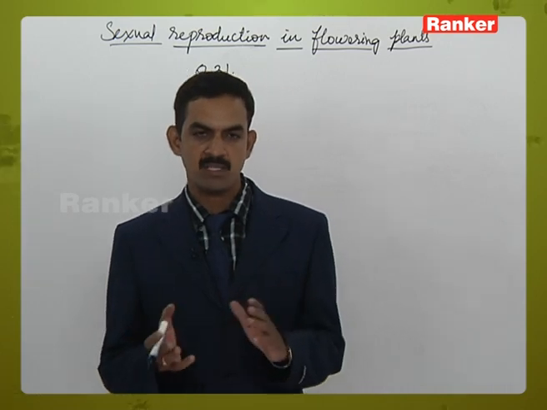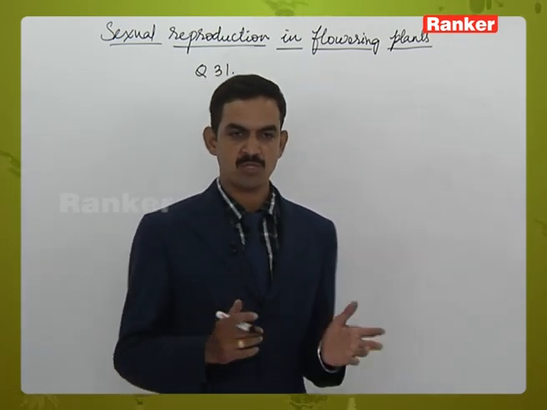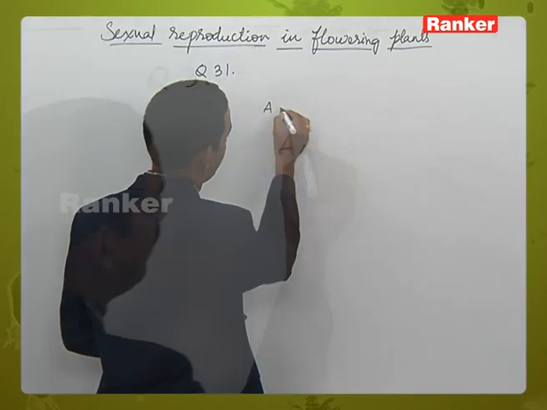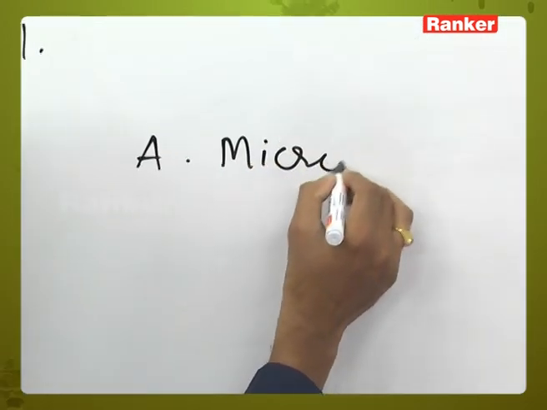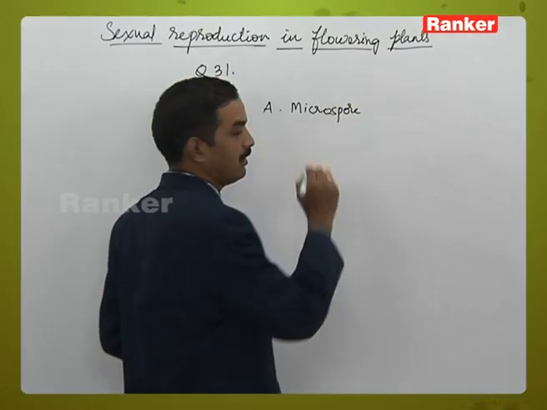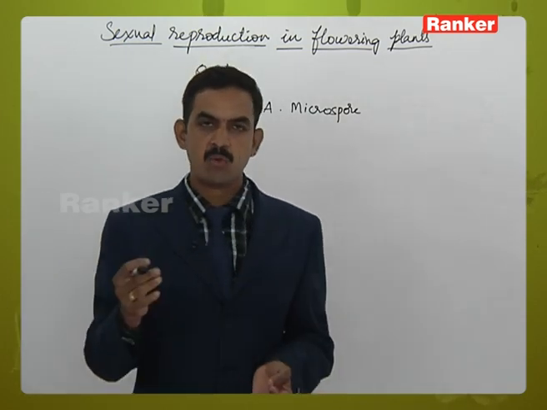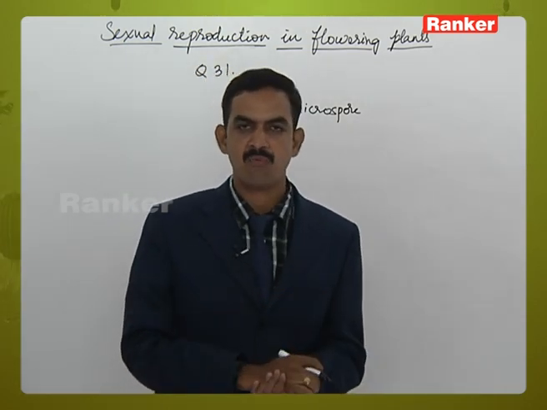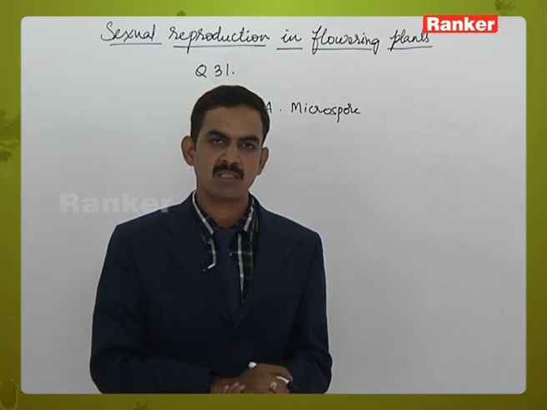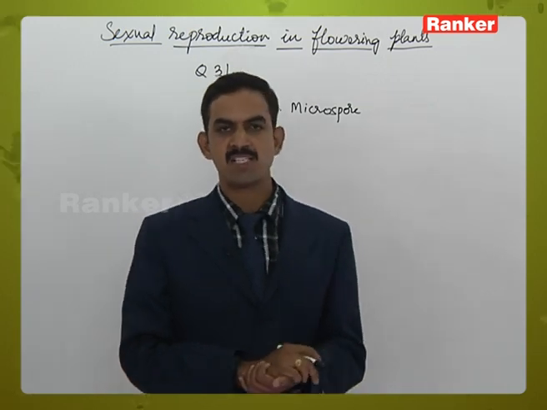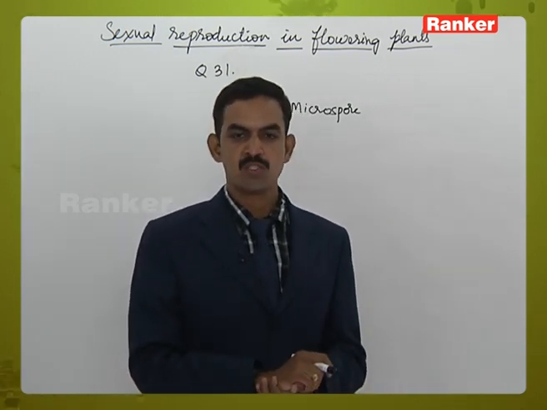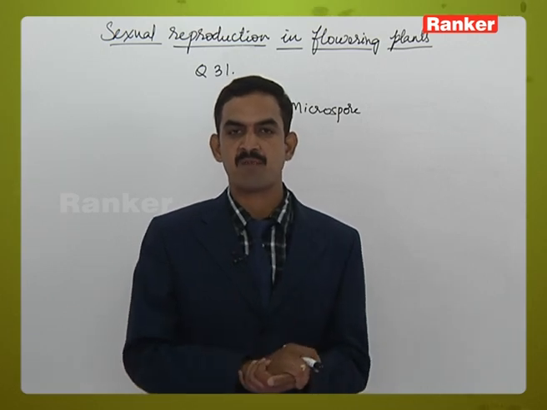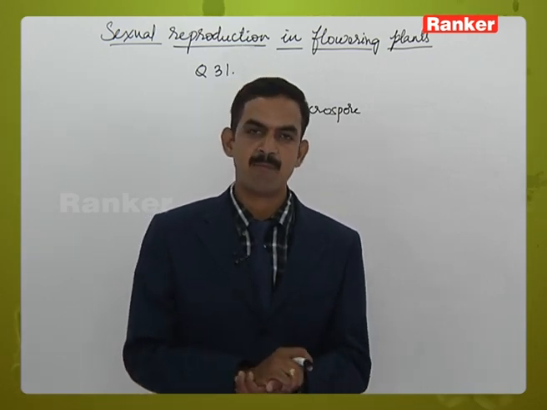In the given options, list 1 and 2, let's see first one, microspore. Microspore is a haploid structure formed as a result of meiosis of the pollen mother cell. So we can call this a meiospore. From the options, it is the first cell of the male gametophyte. Why?